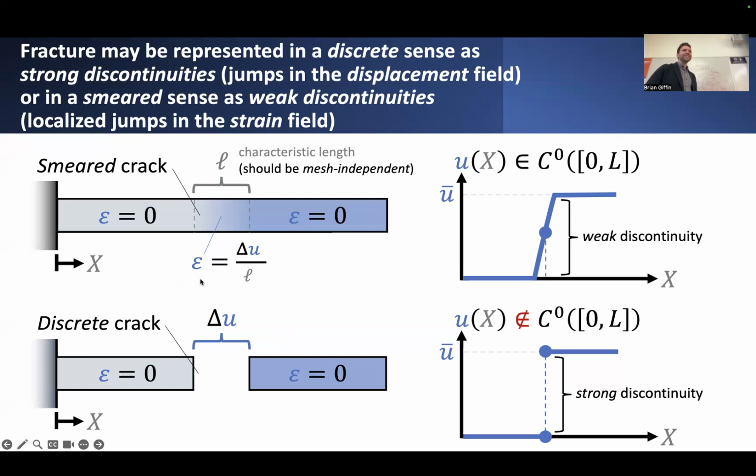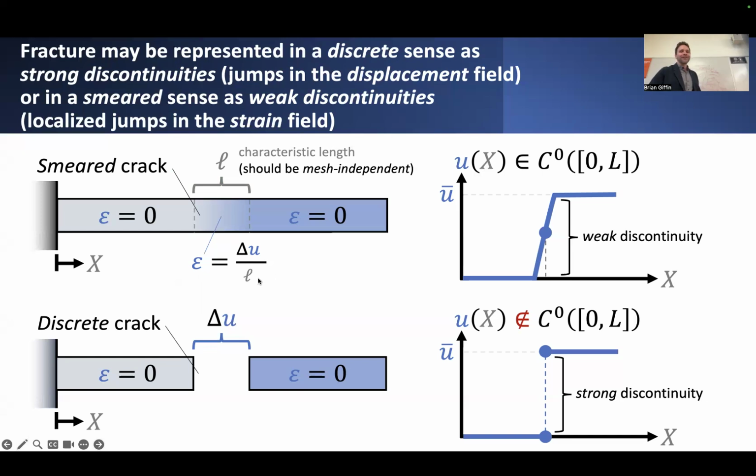So it's sort of like there is a strain here, but it's somewhat fictitiously defined, and it depends on how we've chosen this characteristic length. So really, it's probably more appropriate to be thinking in terms of the displacement jump, or the magnitude of how much the material has separated, rather than this being a characteristic value of strain. It really does depend on this characteristic length.